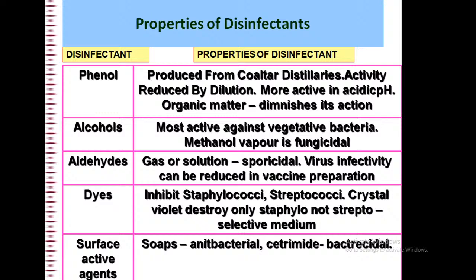If you are looking at the phenol category of disinfectant, it is produced from coal tar distillate. Its activity is reduced by dilution, and it is more active in acidic pH.